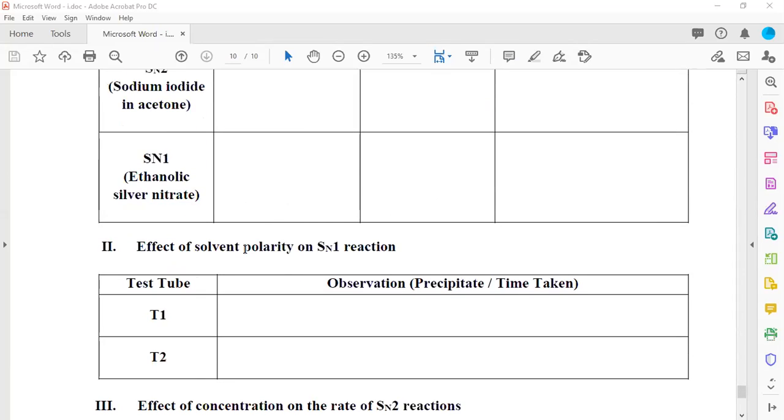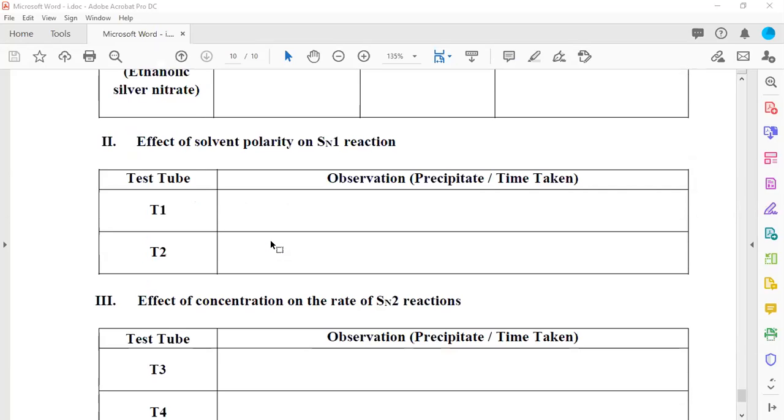Untuk table nombor 2, we are talking about the solvent polarity. Saya akan sentuh ni sebentar lagi. And then finally we have the effect of concentration on the rate of SN2 reaction. So, what do you need to say about this part of the experiment? Saya bagi intro dulu.